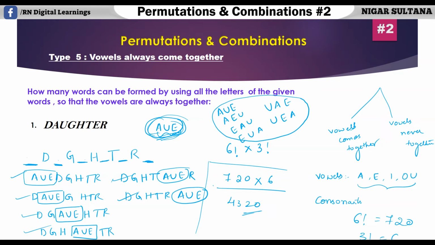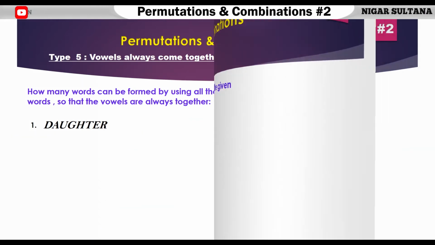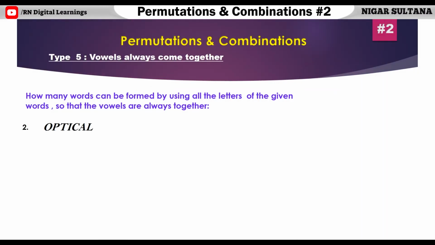So now let's see another problem. Next is optical. So first take out what vowels we have. O, I, A. So these are the 3 vowels. What are the leftover letters? That is P, T, C and L. So this O, I, A can be placed here: 1, 2, 3, 4 and 5.